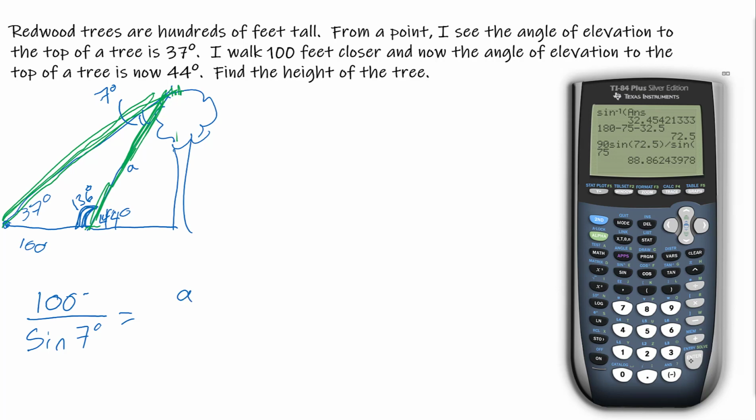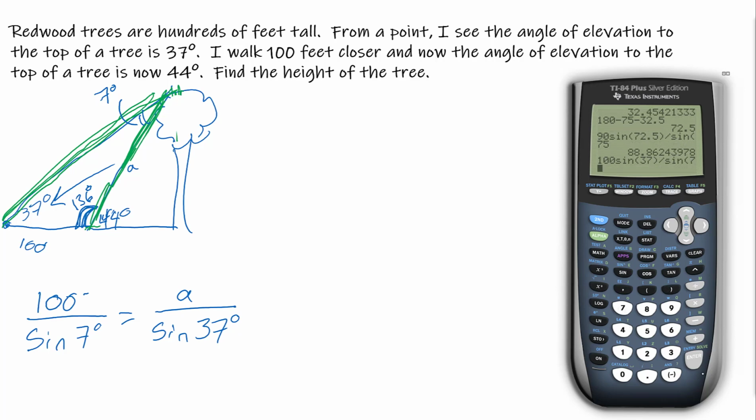That's going to be A, and the corresponding angle to A is across from it. So that'll be sine of 37 degrees. And so we'll calculate this. 100 sine 37, close parentheses, divided by sine of 7 gives us 493.8 feet.